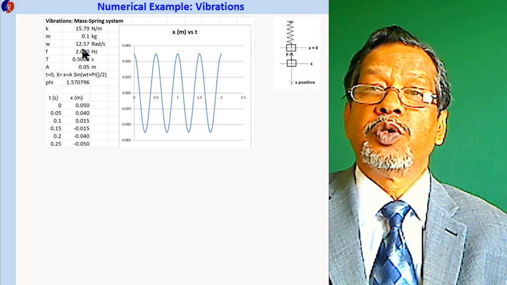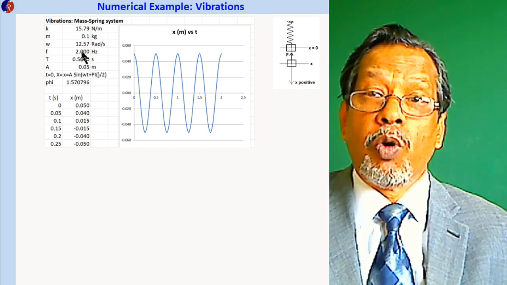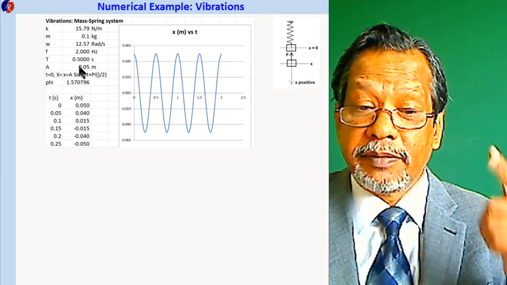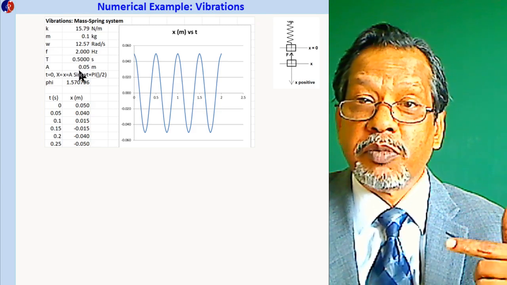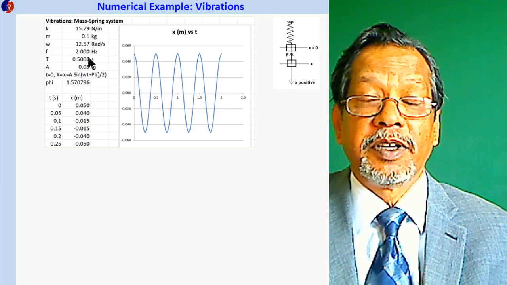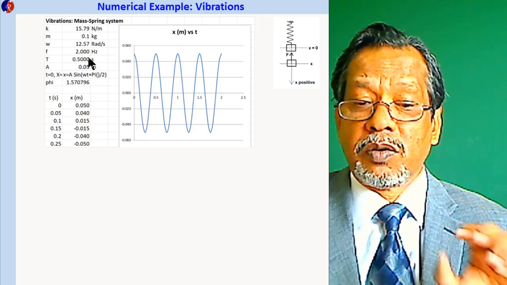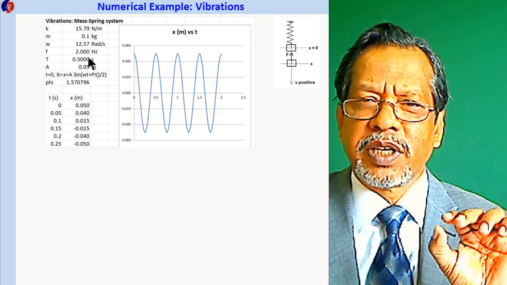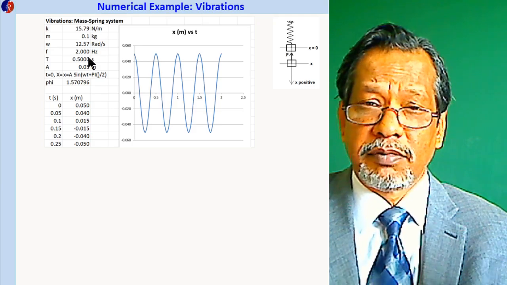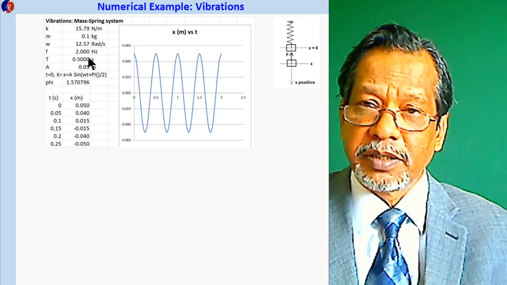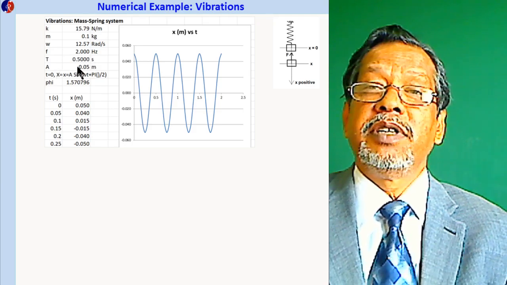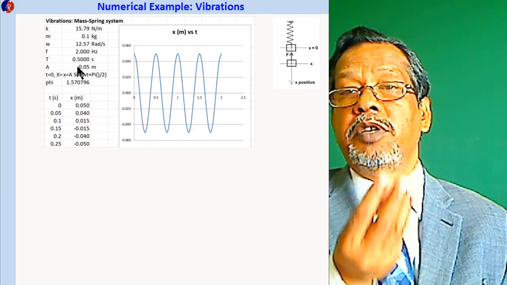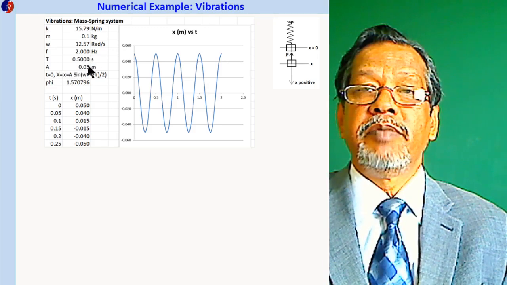So it makes 2 cycles per second. Always double check and think whether the numbers match whatever is given. Always verify, because quite often a slight mistake in typing the formula can make the results go off completely. Now the amplitude: I'm stretching it by 5 centimeters, so that's 0.05 meter.